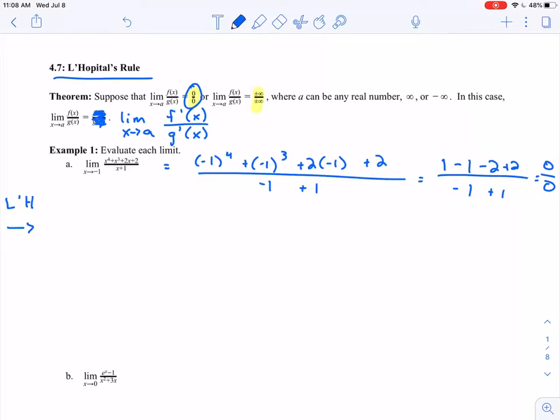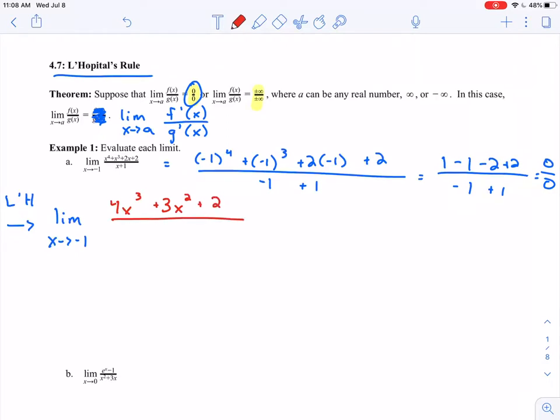This means I can apply L'Hopital's rule. I'm going to look at the limit as x approaches negative 1, so we're still approaching the same x value. I'm just going to take the derivative of the numerator and the derivative of the denominator. The derivative of the numerator is 4x to the third plus 3x squared plus 2, divided by the derivative of the denominator, x plus 1, which is just 1. Now let's try looking at this limit. 4 times negative 1 to the third plus 3 times negative 1 squared plus 2, divided by 1.